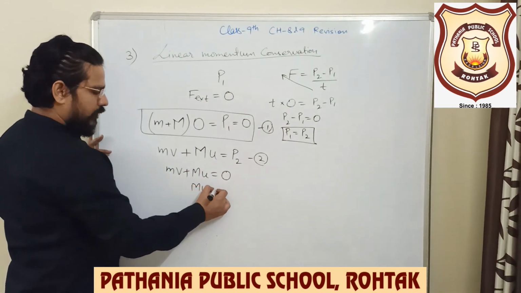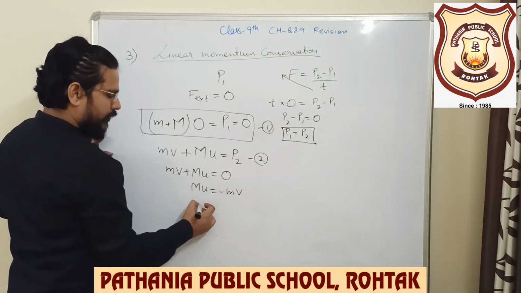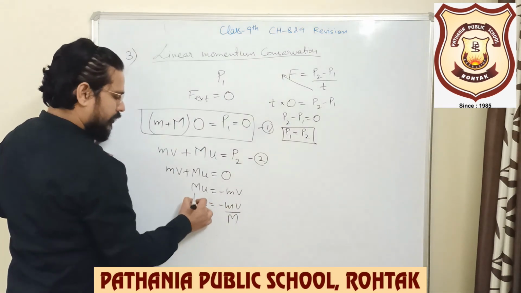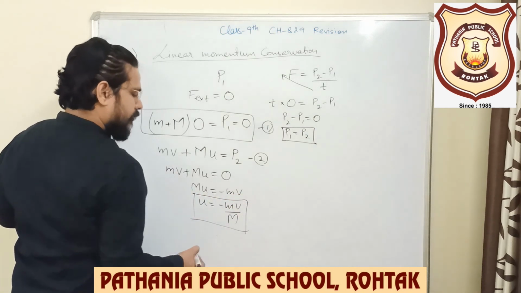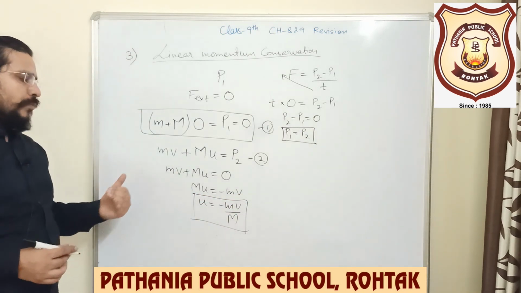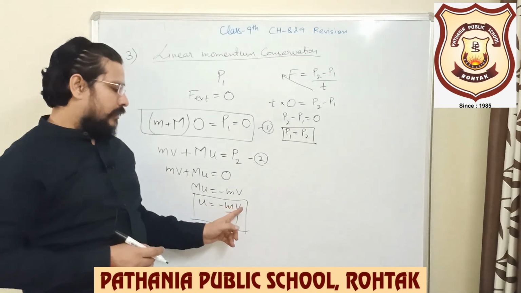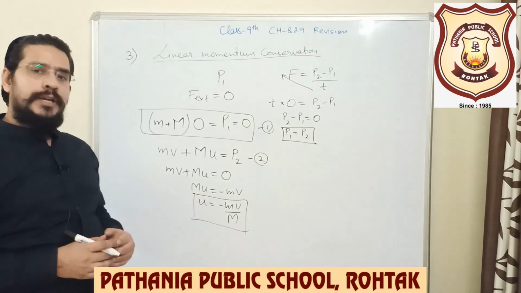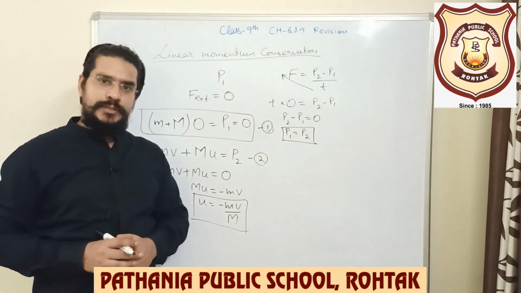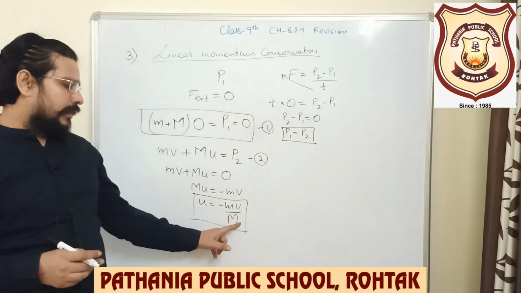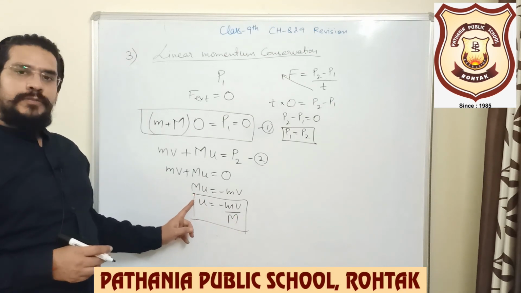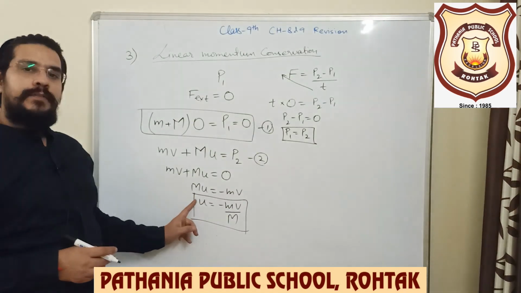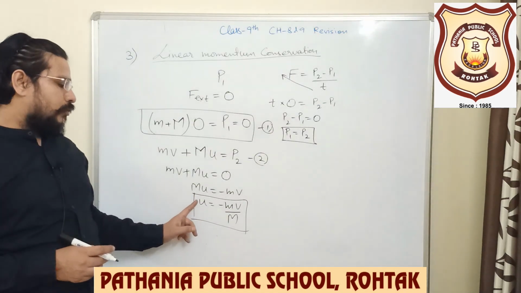So Mu is equal to minus mv, and u is equal to minus mv divided by M. The negative sign indicates that the gun will recoil in a direction opposite to the direction of the bullet, that is v. We just discussed this question while discussing the solution for your CT5: the greater the mass of the gun, the lesser the recoil velocity of the gun.